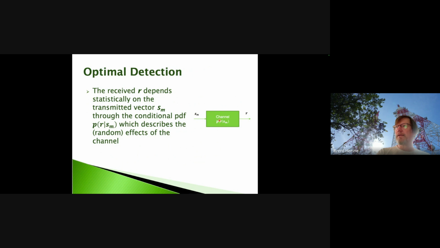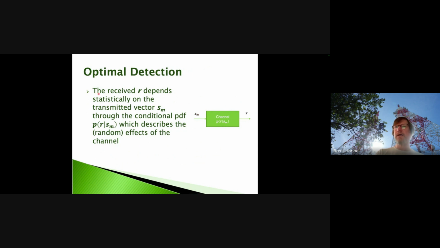If we can describe the channel statistically, or probabilistically, then we can write a probability of receiving R given that a particular S_m was sent. So, the receiving of a particular R value given S_m was sent.